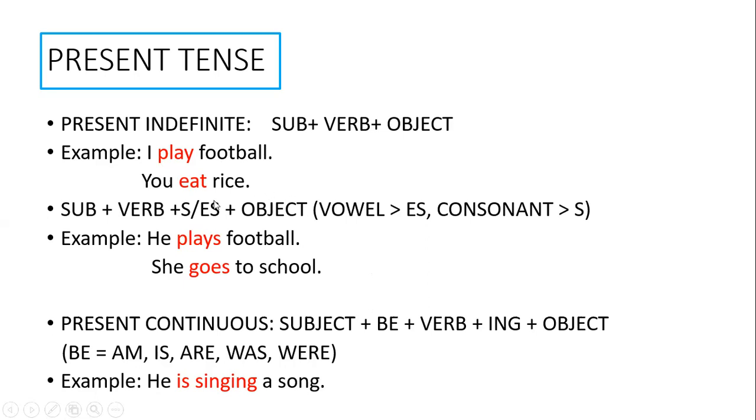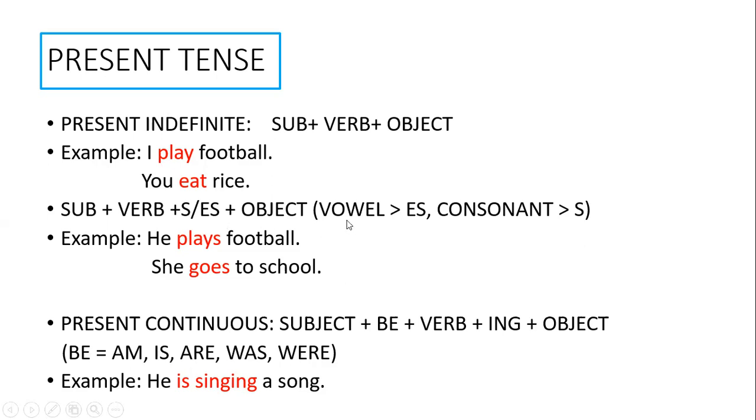There is another structure in case of present indefinite tense, that is subject plus verb plus s or es plus object. We have to add s or es after the verb if the subject is third person singular number. And how can we find out the right s or es with the verb?